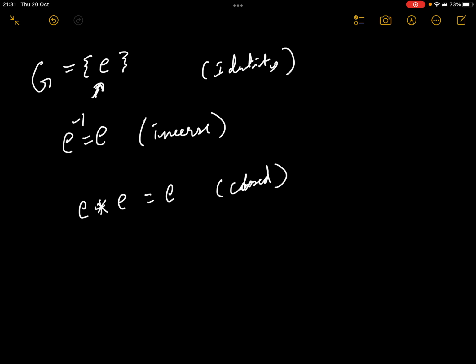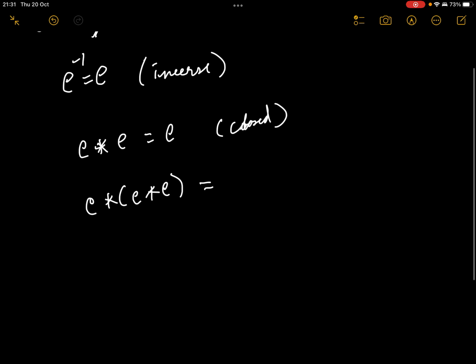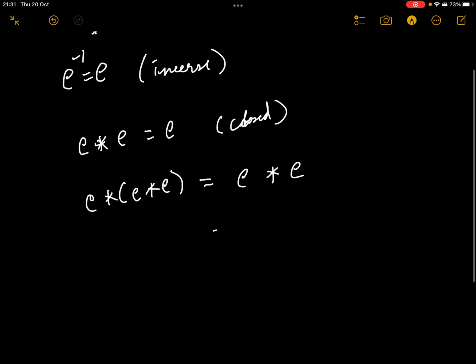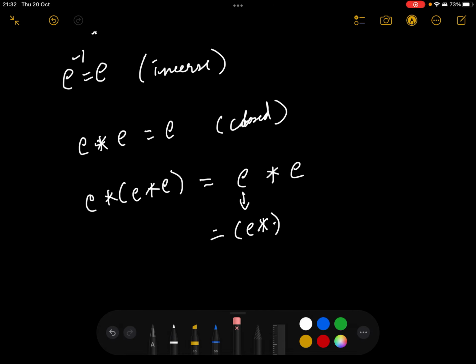And one more, associativity. It's not hard to show that this would just be E star E, and then this would just become E star E like this.